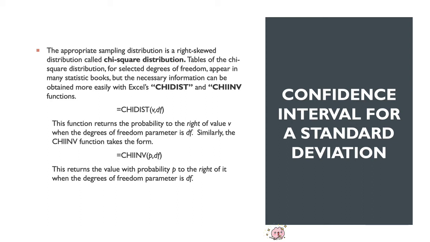This function returns the probability to the right of value v when the degrees of freedom parameter is df. Similarly, the CHIINV function takes the form shown. This returns the value with probability p to the right of it when the degrees of freedom parameter is df.